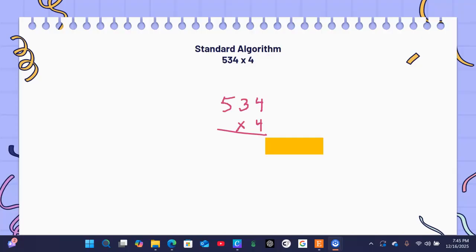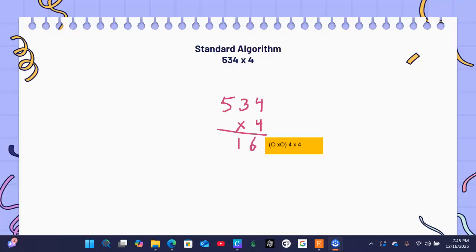Our first line would be ones place times our ones place. Okay, and that would be represented with 4 times 4. And we know that 4 times 4 will equal 16.